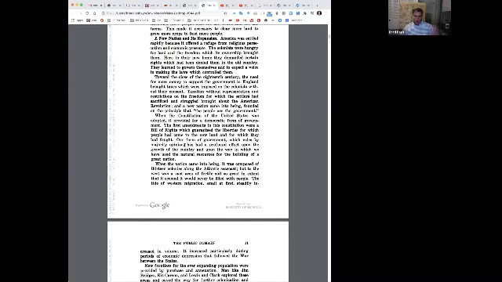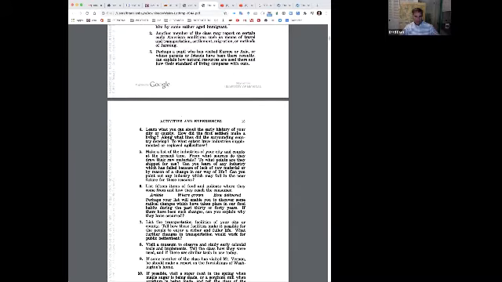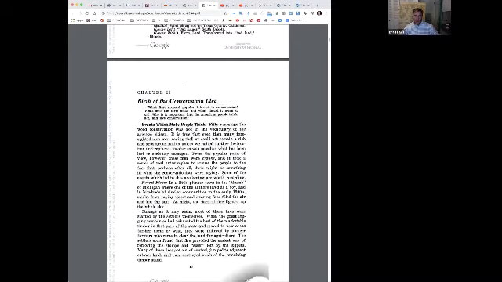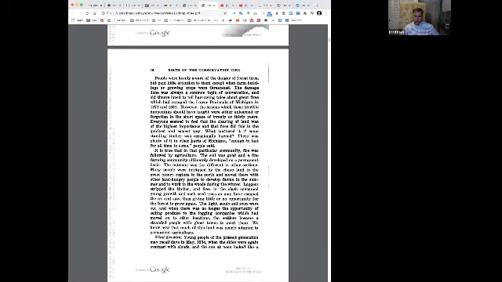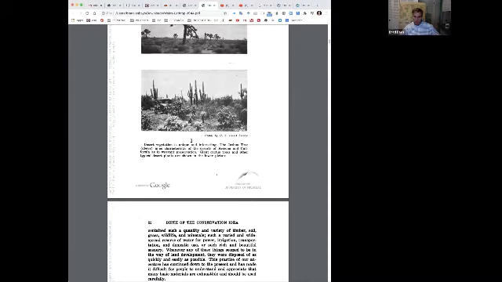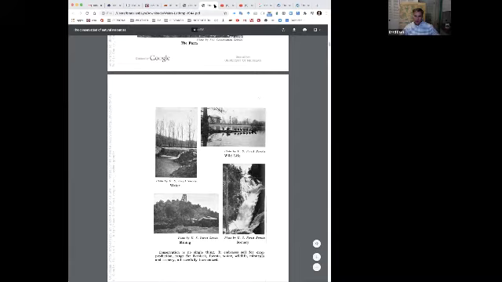It'll walk you through some of the basics before we get into the other reading, which was a 1991 textbook. So this will bring you up to speed on where conservation is oriented toward.